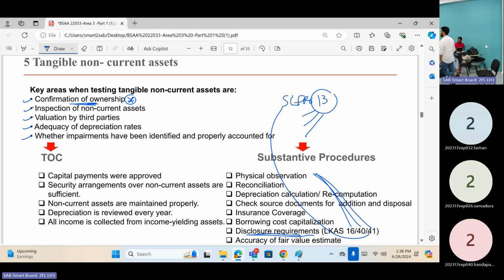Bearer plant: if there's a plant from which we are expecting harvest for more than 1 year, if we can regenerate items, and the harvest can be used for more than 1 year, it's a bearer plant that should be treated under LKAS 16. Right? Treat this tea plant under LKAS 16.